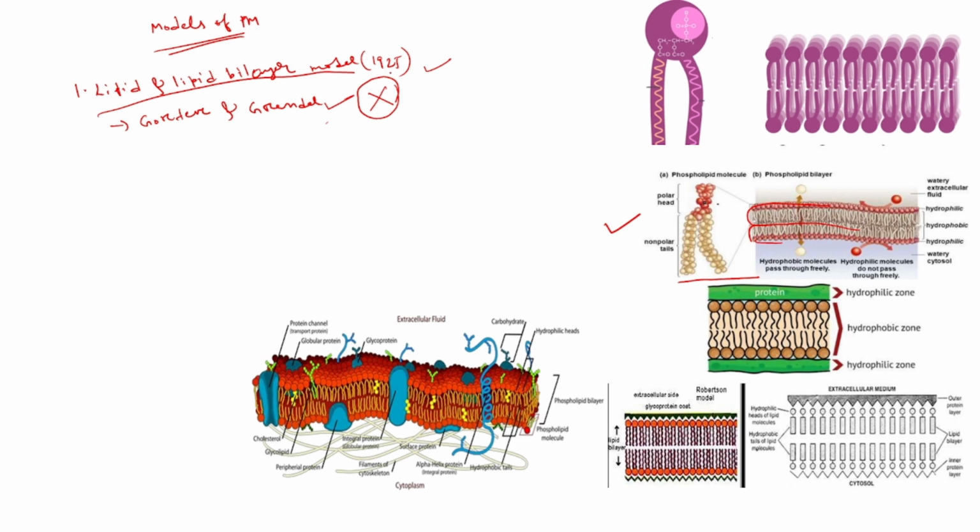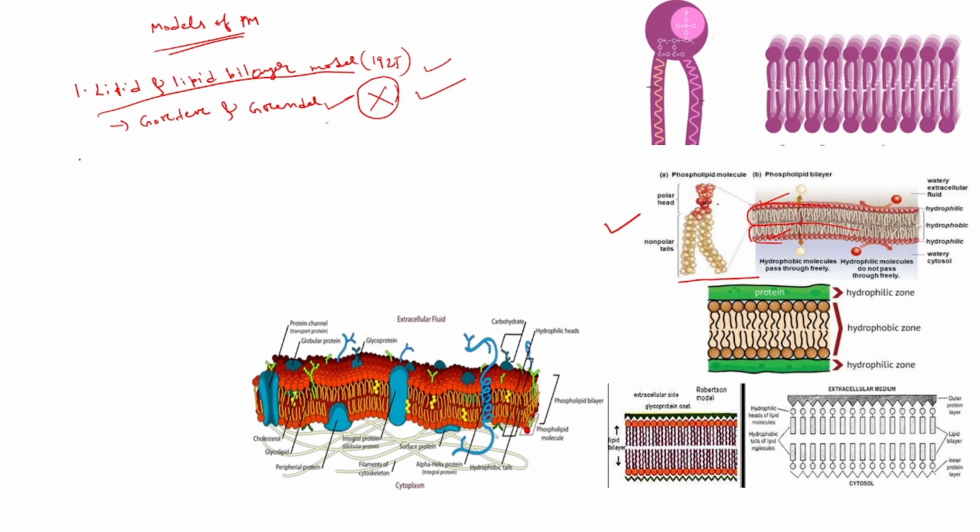But at that time, it was the first model, so they thought it may contain only the lipid layer. That's why it is called the lipid and lipid bilayer. It is a bilayer structure, and in all areas only lipids are present, with no protein and no carbohydrate in that plasma membrane.